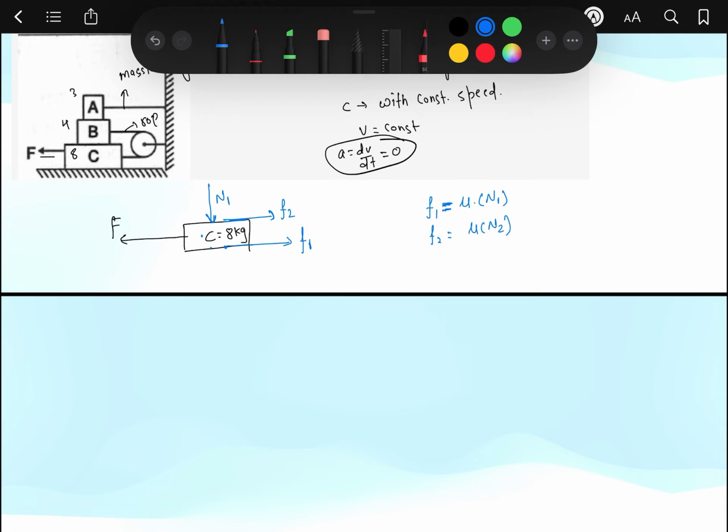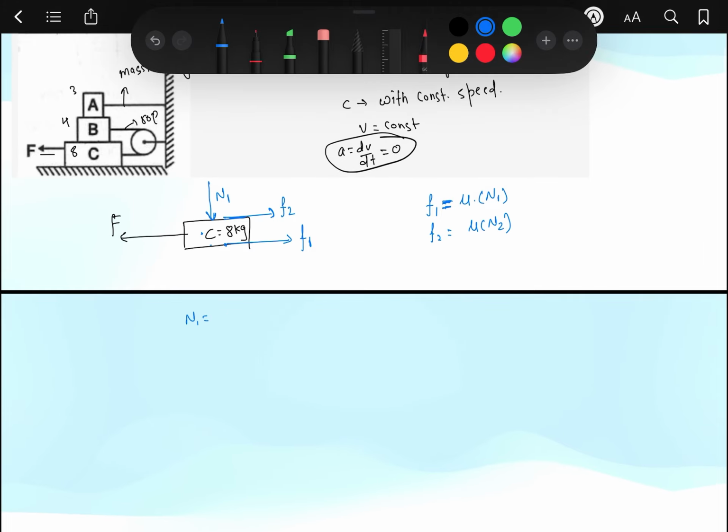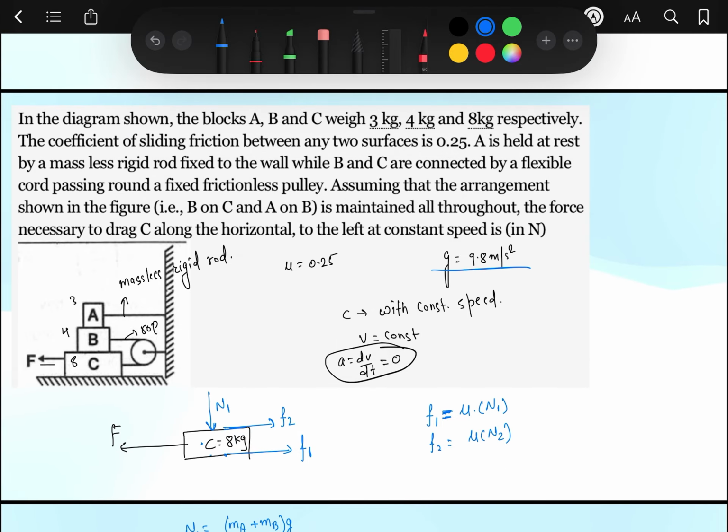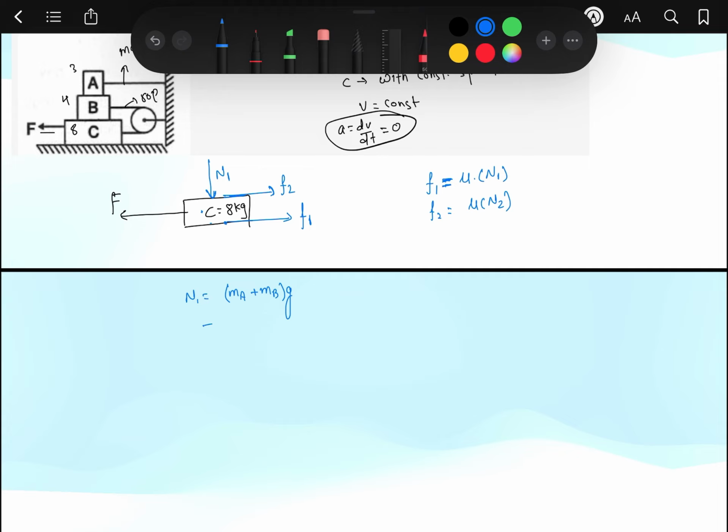What is the value of N1 here? N1 will be equal to the weight of both masses A and B. So I can write N1 equals (MA plus MB) into g. Here g we have to use 9.8 meter per second square. So I can put the values of MA and MB here.